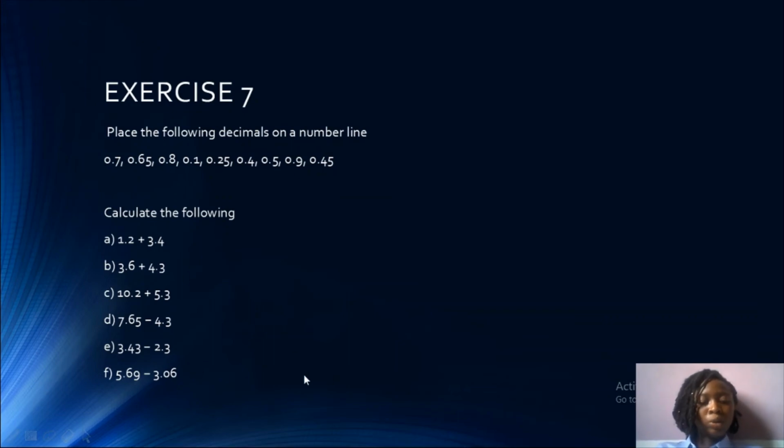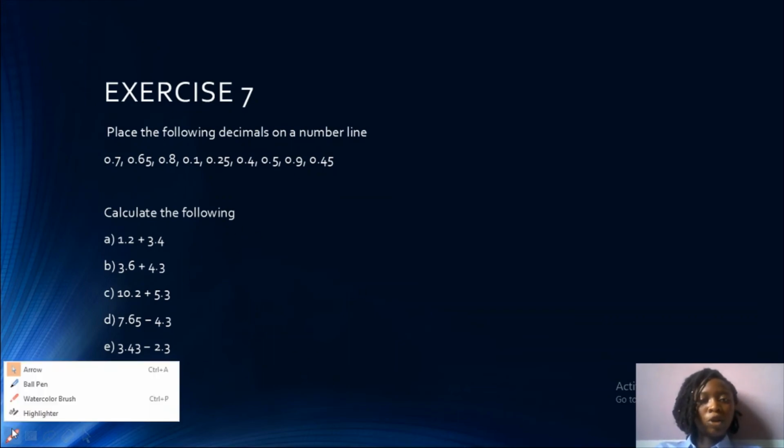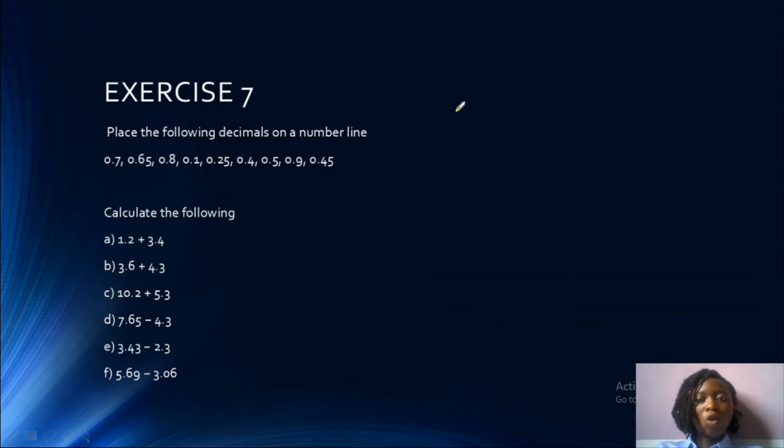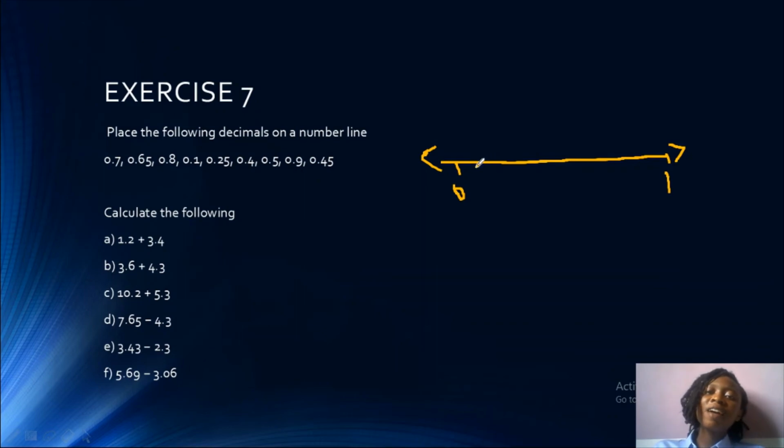Okay, so yeah, we need to place the following decimals on a number line. So from here, you can just start counting from 0. Between 0 and 1, there are several decimals, millions of decimals you would have to face in reality before you get to 1.